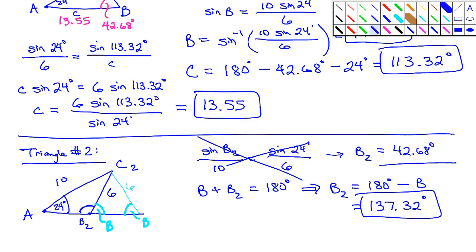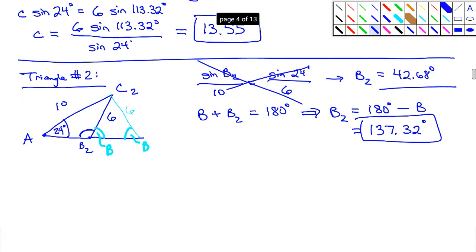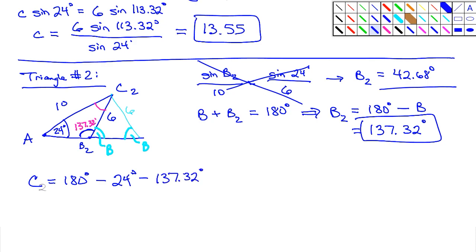So you can't use the law of sines to get this first angle because it's not going to give you the obtuse angle. But we can use it for the rest of the things. So 137.32 degrees. Now we can find angle C. C is equal to 180 degrees minus 24 degrees minus 137.32 degrees, and that's equal to 18.68 degrees.